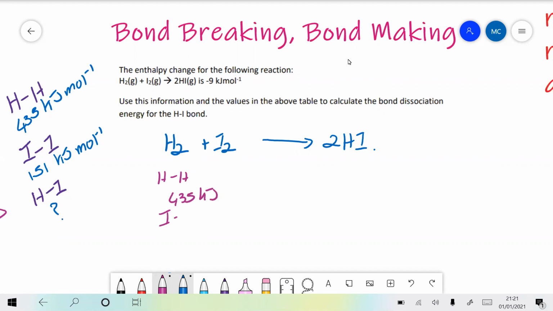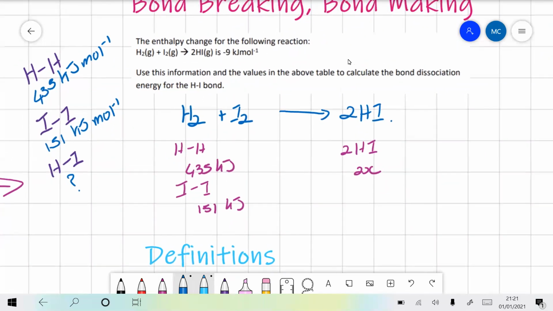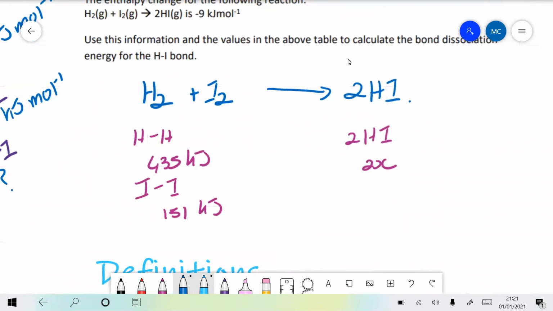Iodine bond, this is 151 kilojoules. And the two HI bonds is 2x. Because the HI is the bond making, therefore this value is minus 2x.